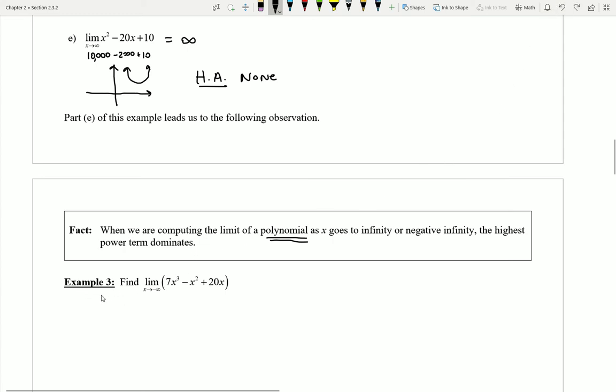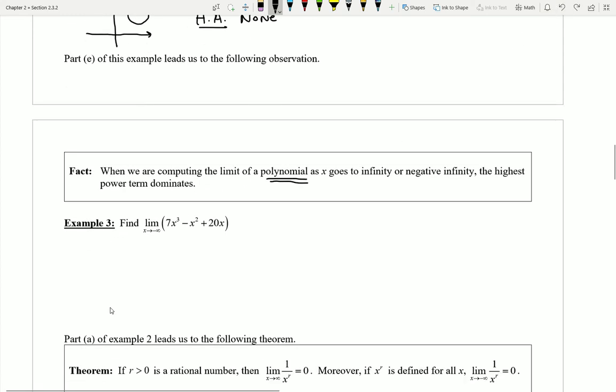So take a look here at something like example number 3. Here it looks like I have a lot of complicated things that are going to be happening. But this is actually a really, really simple question to answer, because I'll notice right away this is a polynomial. And while this first thing here is going to be, let's see, if x is approaching negative infinity, then notice I'm going to have a negative number in there.